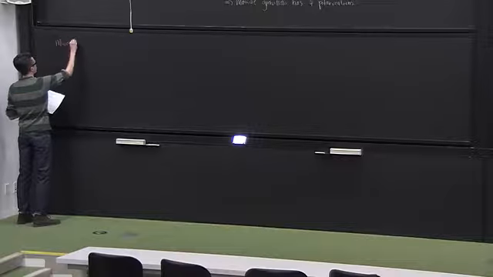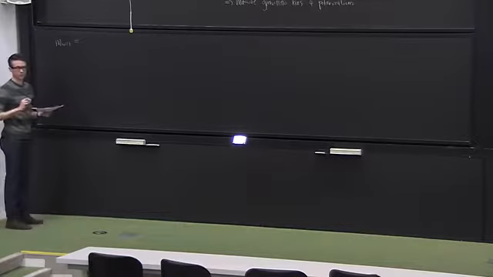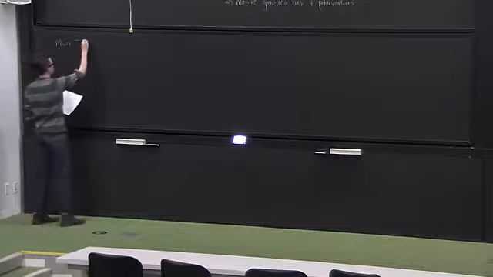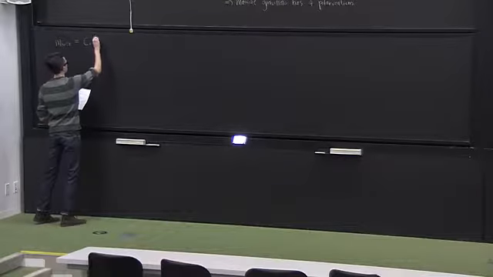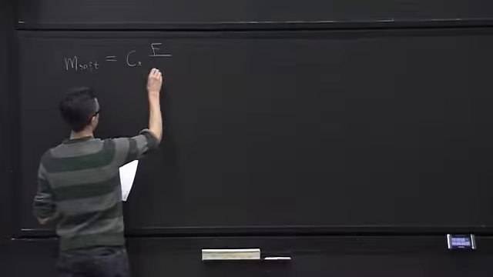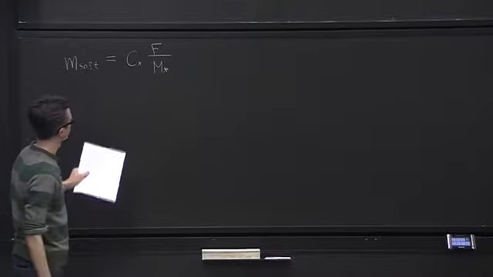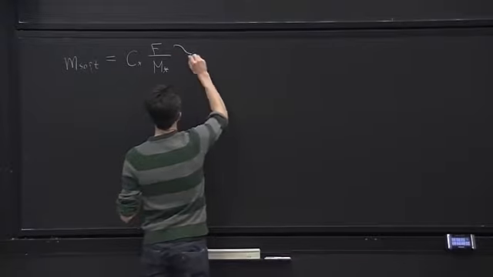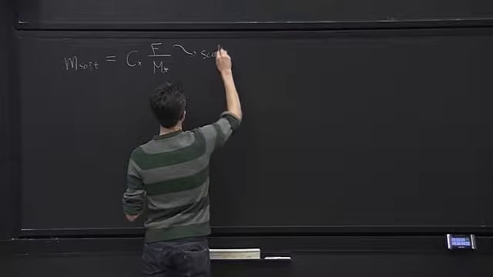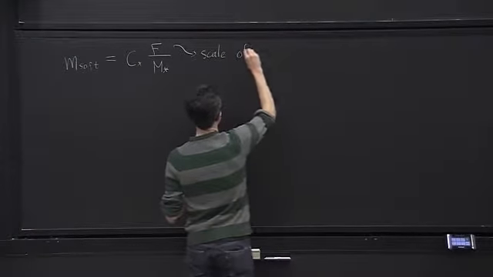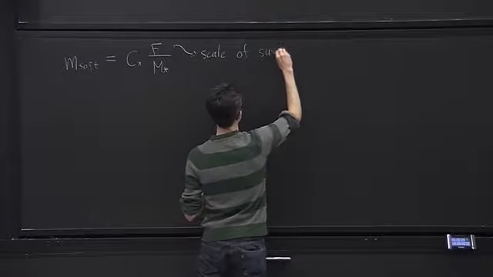So it turns out that in theories of spontaneous breakdown of supersymmetry, the way we parameterize the result is as some dimensionless coefficient times a combination of two parameters. So the thing in the numerator is this F term, the scale of supersymmetry breaking.